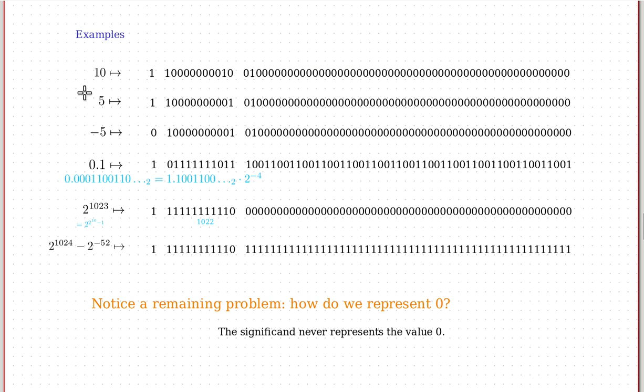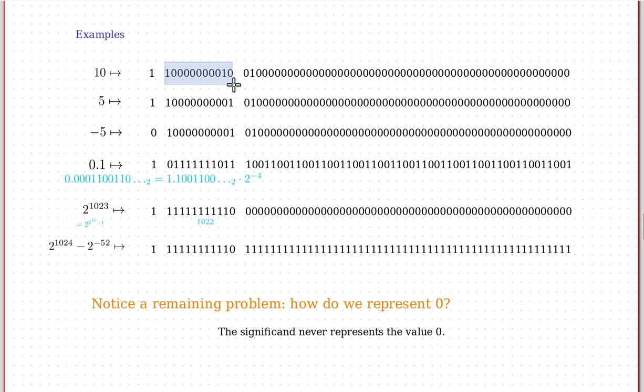Now the number 5 would be very similar to the number 10 because it's exactly 1/2 of the number 10, and therefore it can be represented exactly the same way as the number 10, except that we reduce the exponent by 1. So here the exponent was 3, here the exponent would be 2. So for 5 the exponent is 2, which is represented as 1025. So this would be 1025.